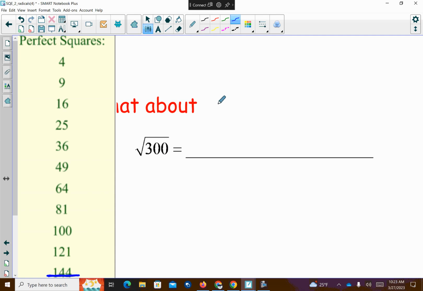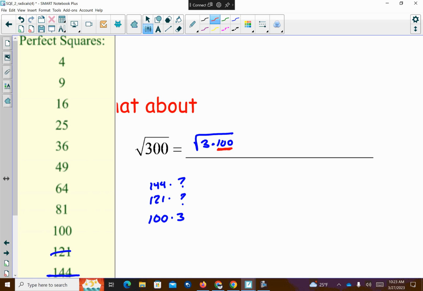Can I go 144 times a number to get 300? Can I go 121 times a number to get 300? Can I go 100 times a number to get 300? Yeah. So is the square root of 300 the same thing as the square root of 3 times 100? Does that seem comfortable?